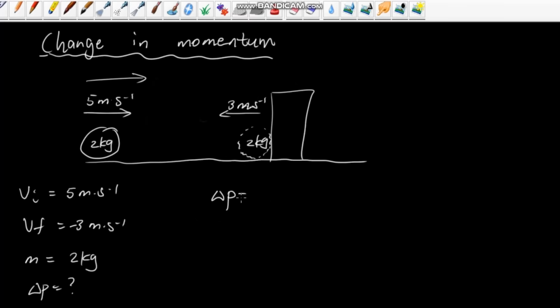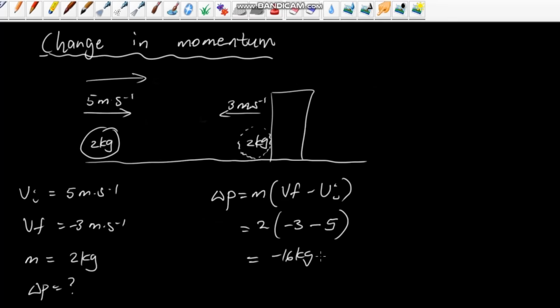Change in momentum equals m times (vf minus vi). The mass is 2 kg. The final velocity is negative 3. The minus in the formula is separate from the negative of the velocity. Then the initial velocity is positive 5. Then I will get a change in momentum of negative 16 kg meters per second.